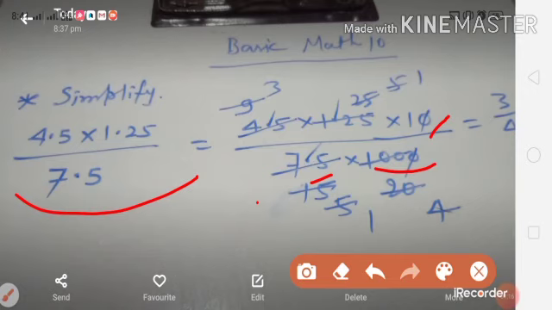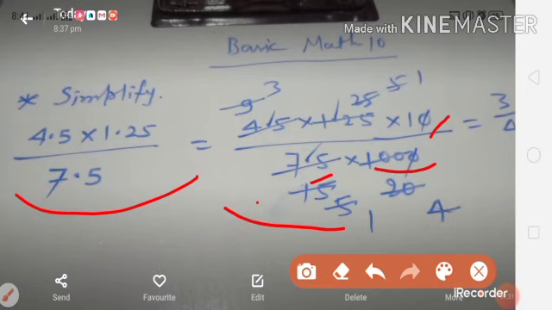Now start to cancel, because all points are cancelled. It is a similar process that I have already taught you about cancelling these types of questions, and you can cancel it.